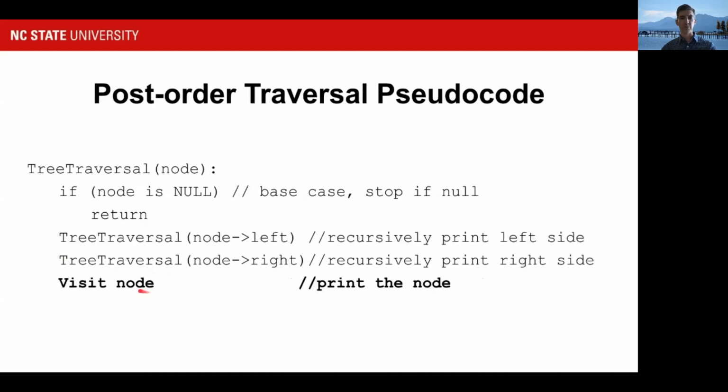Whereas if I want a post-order traversal where I visit the node last, then I would just visit the node after these two recursive calls. So I can get 3 different traversal orders very naturally from this one recursive traversal algorithm. But what we really need for a binary search tree is the in-order traversal. So that's the one that matters the most for us for this particular data type.